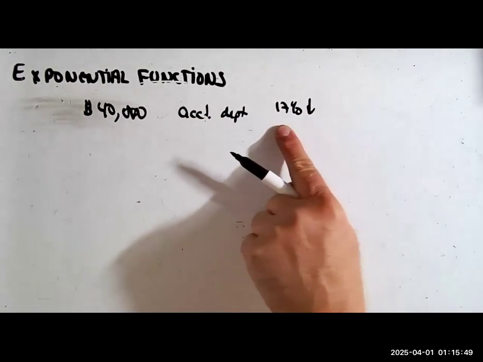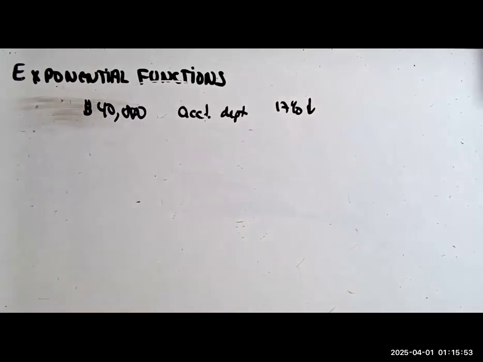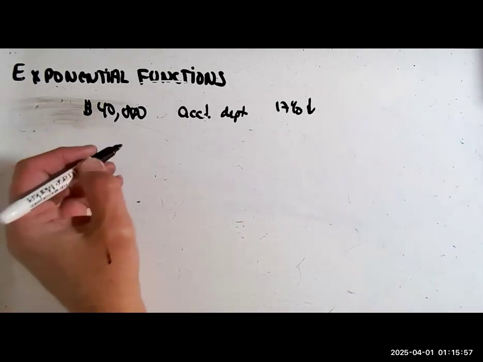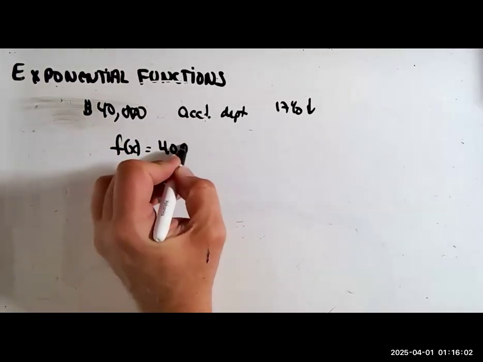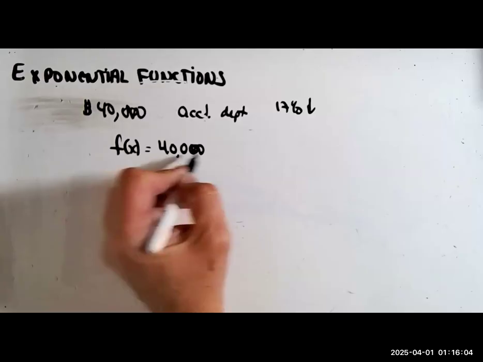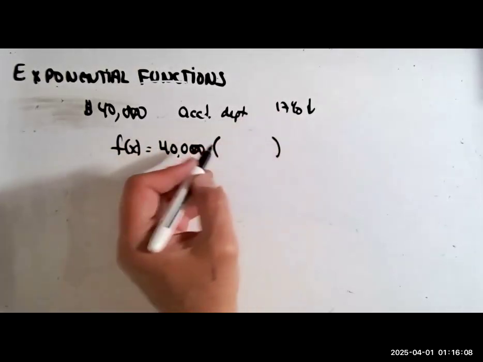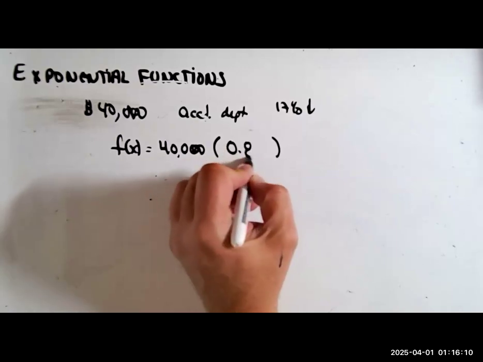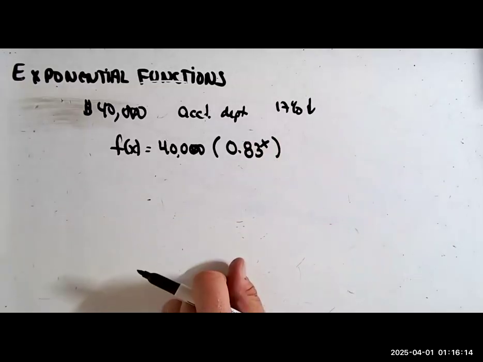So 100 minus 17 will be what? 83. So we already know what the base is. So what is my model here? f of x equals $40,000 initial value, and this one is decaying at a rate of 17%, so 1 minus 0.17, which is 0.83, to the x.